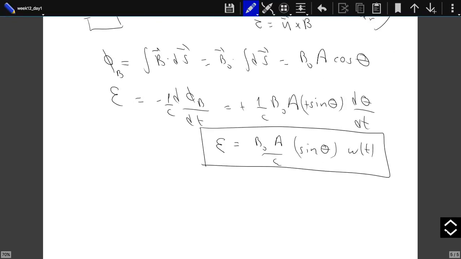Or if the loop is rotating at constant velocity, the EMF is B0 A over c times omega sine of omega t.